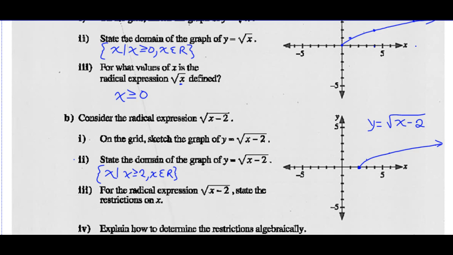For the radical expression, square root of x minus 2, state the restrictions on x. Alright, so that's like saying what values for x are defined. Same thing, state the restrictions on x. It means answer the question the same as we did up there.